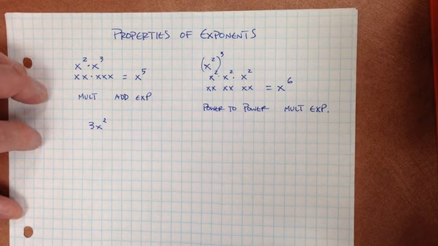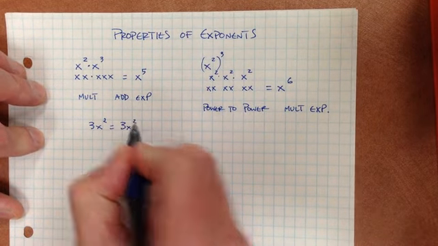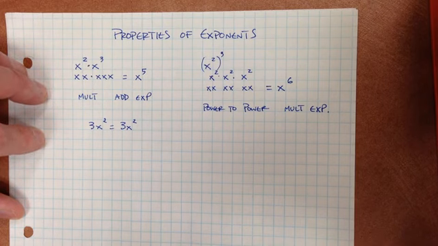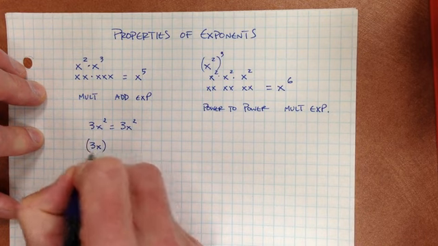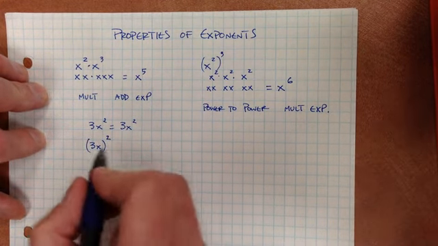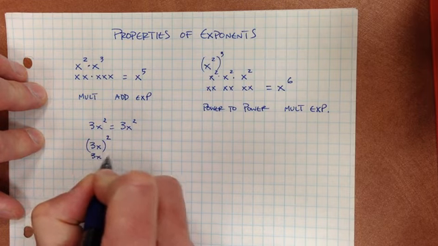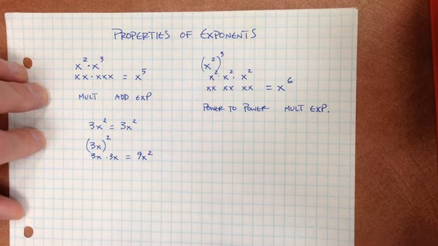3x squared, well, that is 3x squared. Different from 3x quantity squared. Well, what this is, it is actually 3x times 3x, giving me 9x squared.